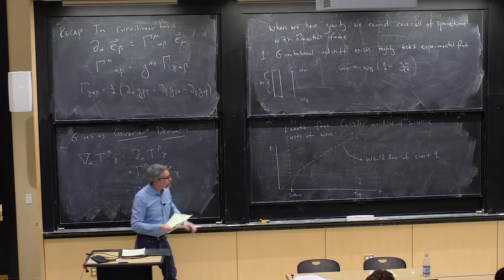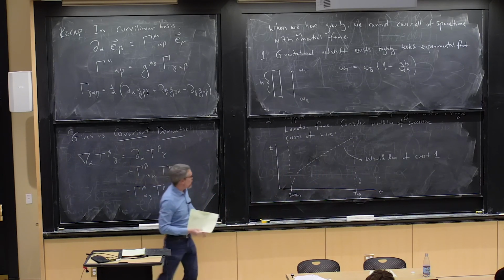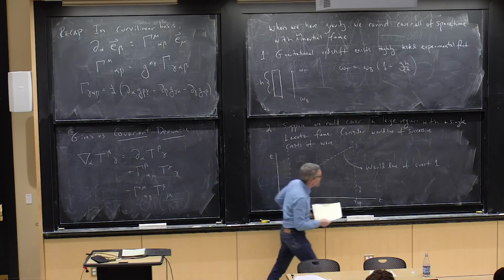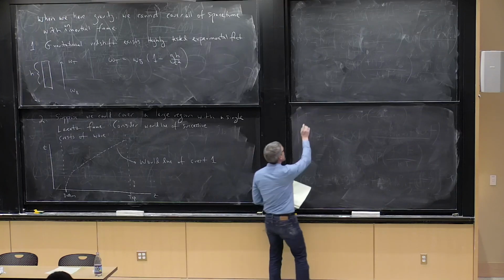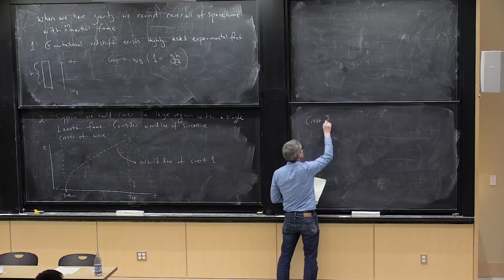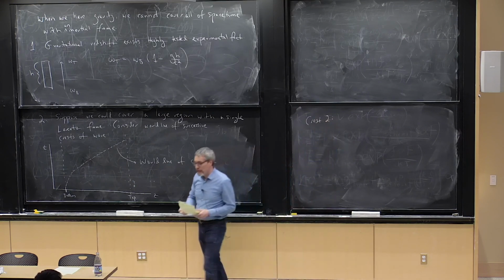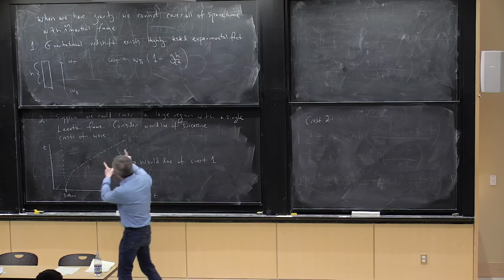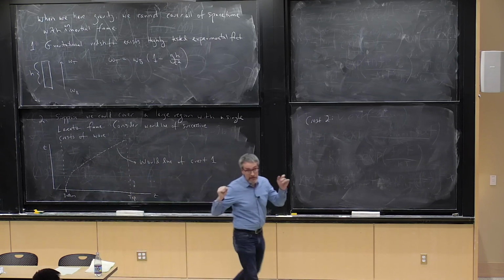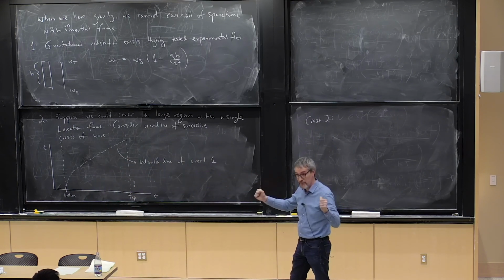So what about the world line of crest 2? Let's think about what the world line of crest 2 must be under this assumption that we can, in fact, cover all of spacetime with a single Lorentz frame.